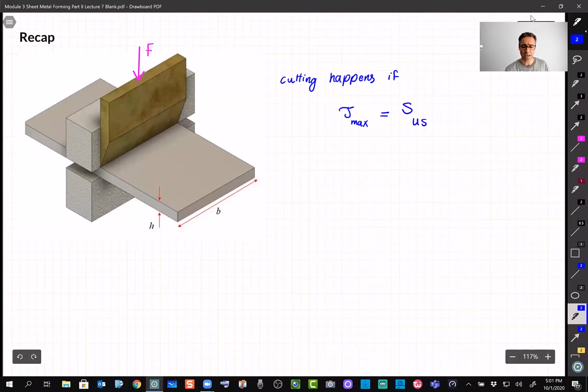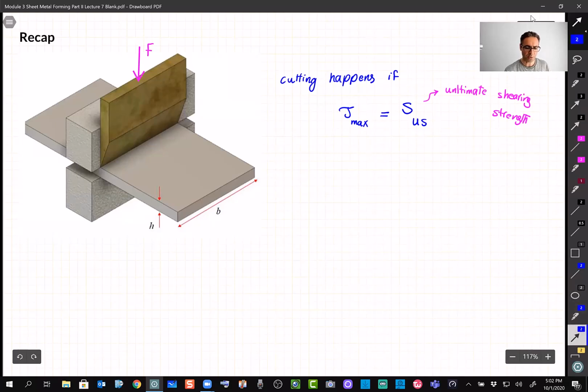We show SUS to indicate the ultimate shearing strength. And we also said that we can use different criteria.